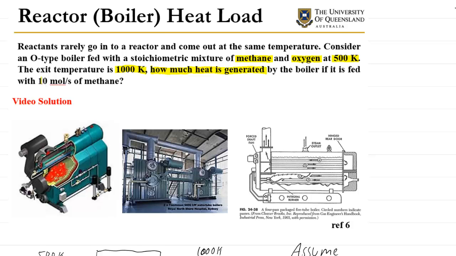In addition, we know that the feed rate to the boiler is 10 moles per second of methane. So in the feed we're told that this is a stoichiometric mixture of methane.